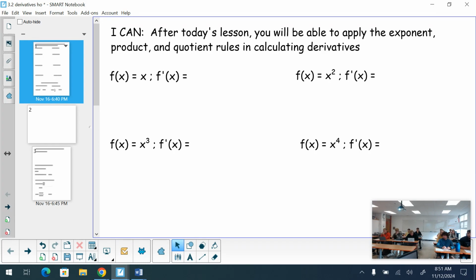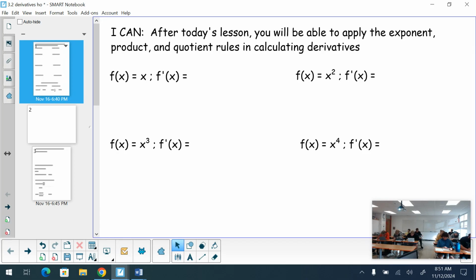If I look at a function f of x is equal to x, and you want to find the derivative, the general derivative, go ahead and find your general derivative of f of x equals x.